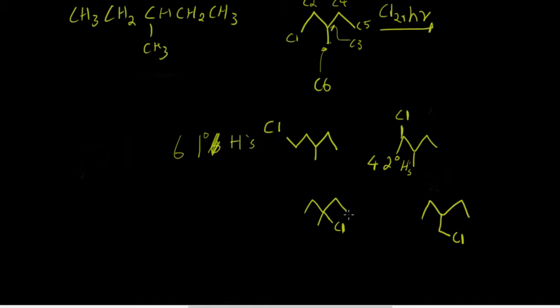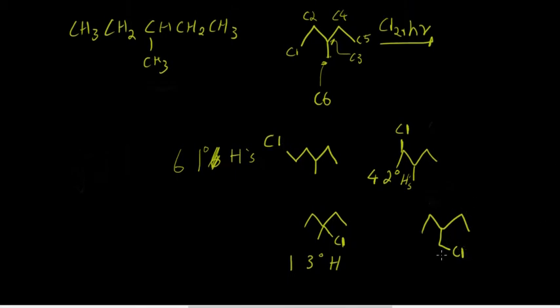To get this tertiary chlorination product, the only hydrogen that you could abstract is at C3. So there's just one, and it's a tertiary hydrogen. So I'll write 1 tertiary hydrogen. And to get this product, you could abstract any of the 3 hydrogens at C6.